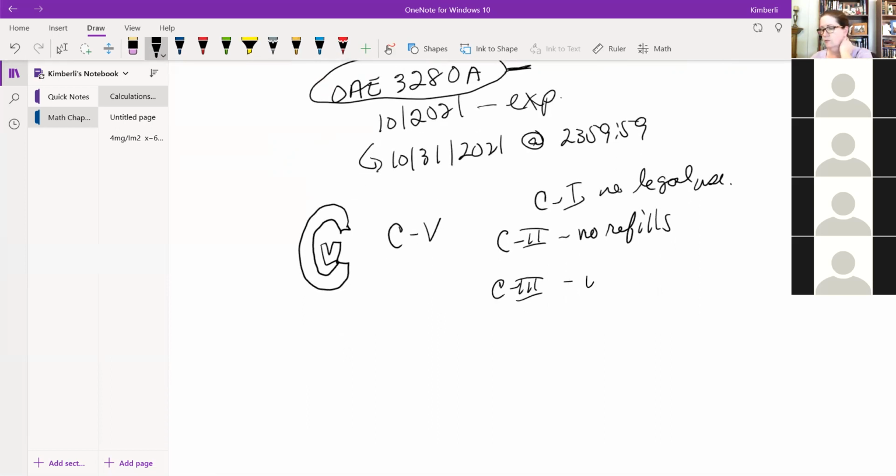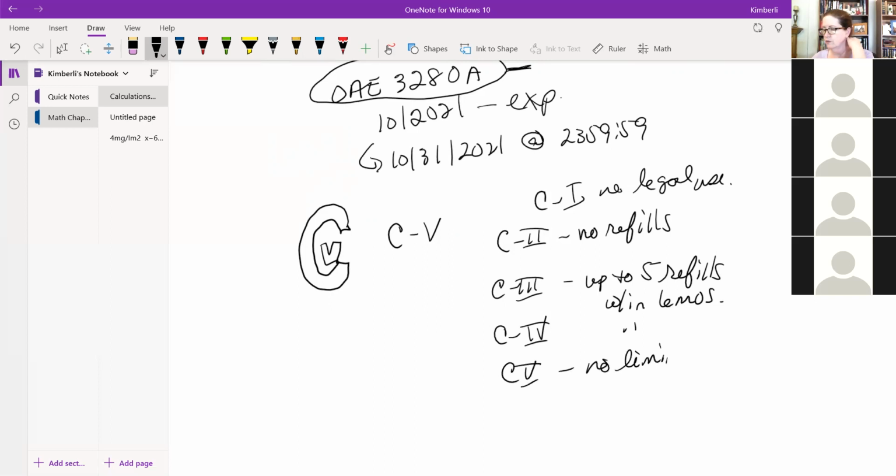C3, the doctor can write for up to 5 refills, but they have to get it within 6 months. After 6 months, the prescription expires. C4, same thing. C5 has no limit on the refills, but again, they have to get it within 6 months.